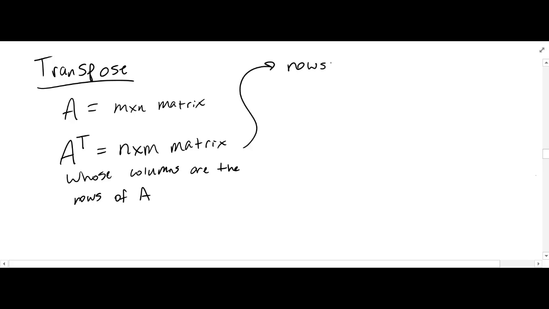The rows of A transpose are the columns of A, and the columns of A transpose are the rows of A.